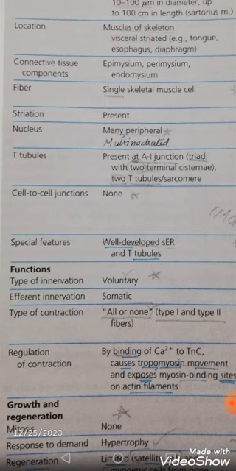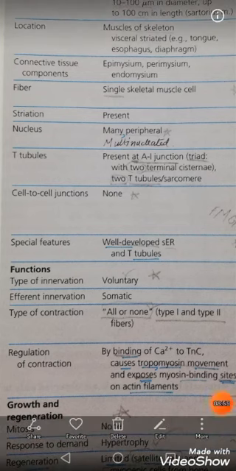We have already mentioned the stages, and growth and regeneration. In a sense, mitosis is none, but there is a little regeneration through the satellite cells we initially mentioned, and if there is any damage, predominantly hypertrophy occurs.